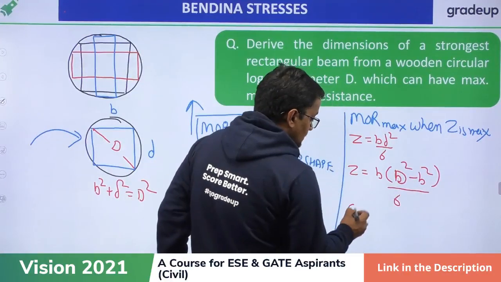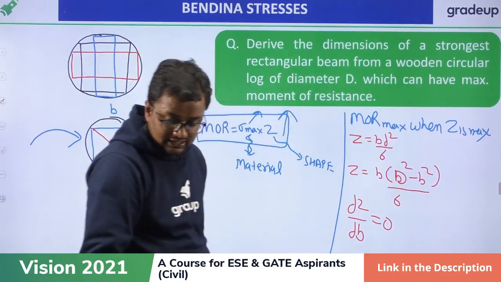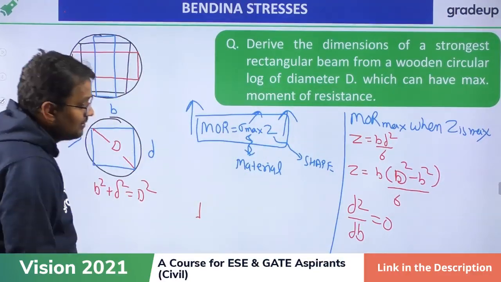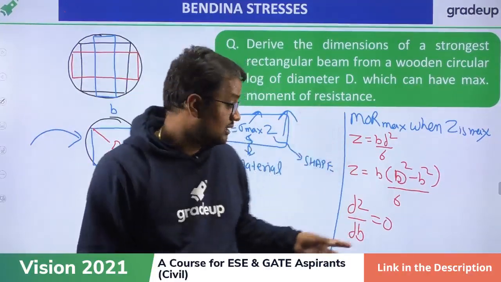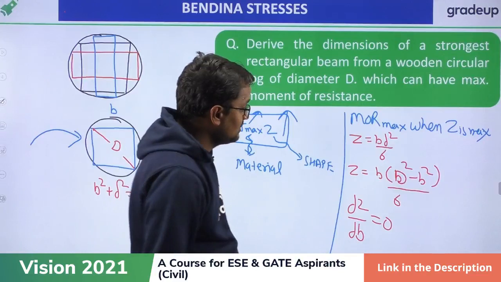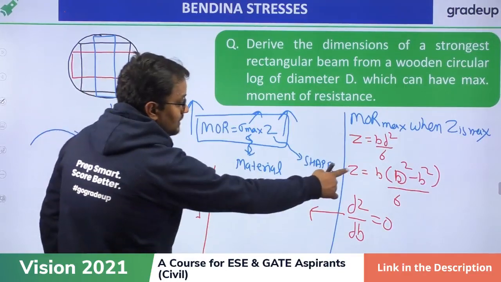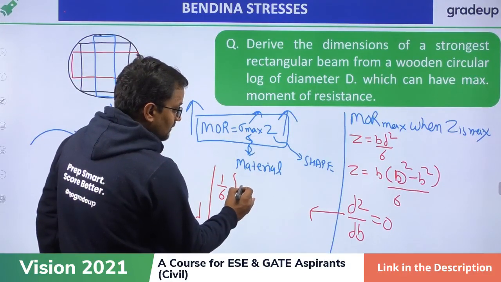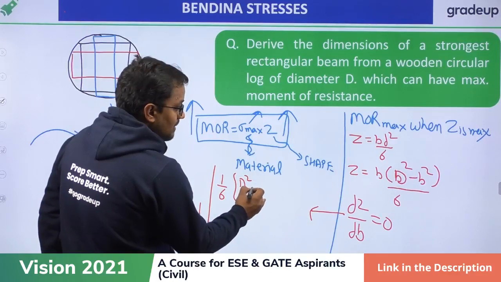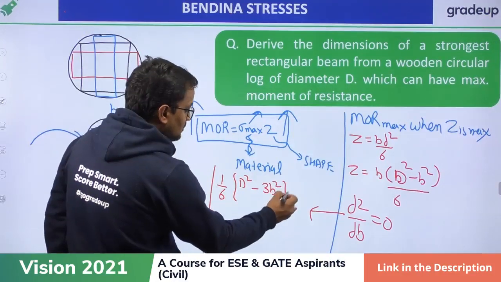So for maximum, dz by db is equal to 0. I am not going into the calculation part; my aim is to give you concepts. If you differentiate it, 1 by 6 is common, so it will be D square minus 3b square is equal to 0.